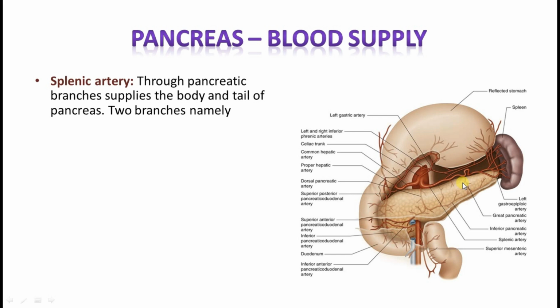One of the pancreatic branches of the splenic artery is large and called arteria pancreatica magna. In the same way, you can also recognize a branch in the tail region called arteria caudae pancreatis. The most important one is the arteria pancreatica magna. Of the pancreatic branches, this branch will be very large. So pancreatic branches from the splenic artery mainly supply the body and tail.